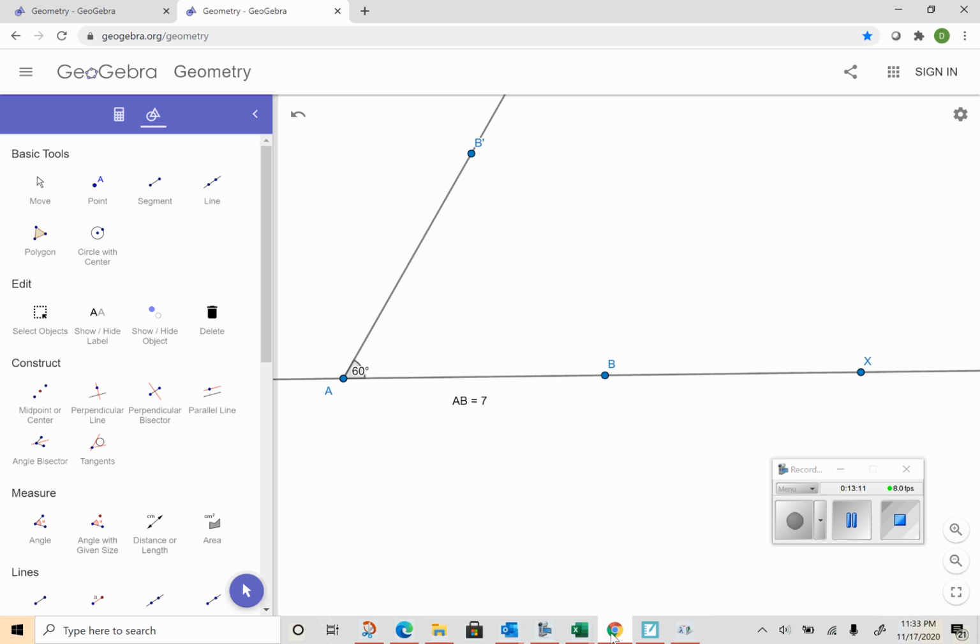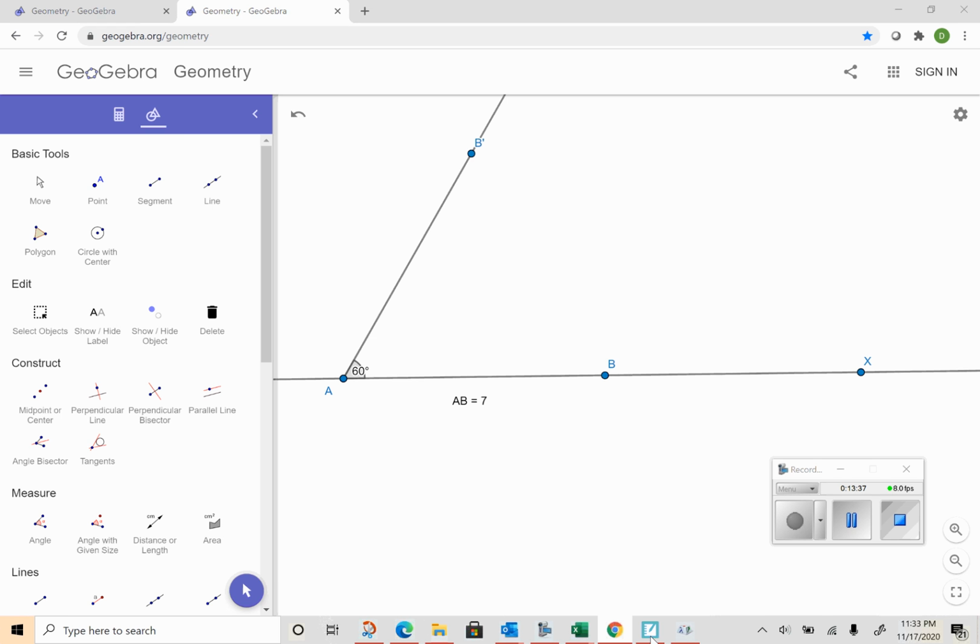Here's point A. Here's point B. Point C is going to be up here, but at this point in time, I don't know where. I know it's going to be somewhere on this ray going out, but they didn't tell us the length of segment AC, so I'm not exactly sure where to put it.